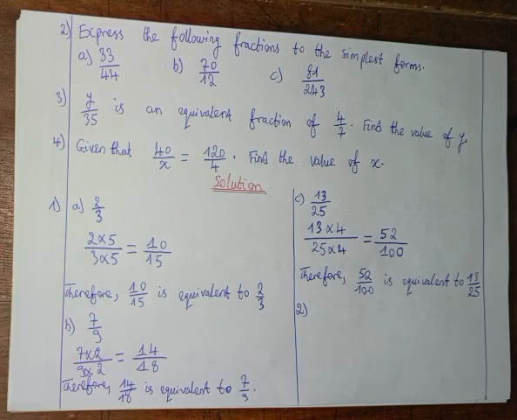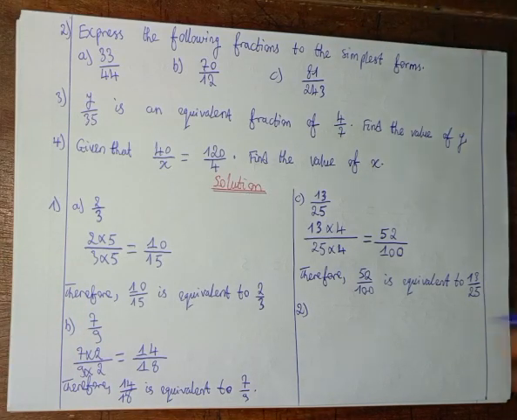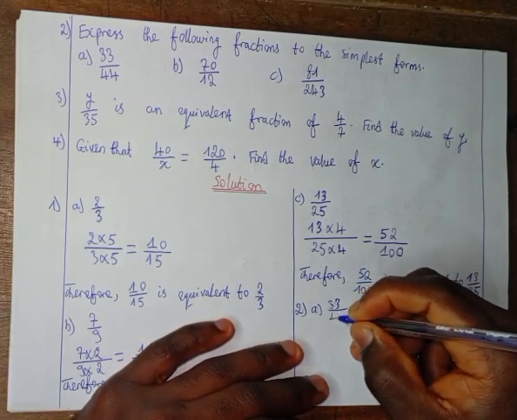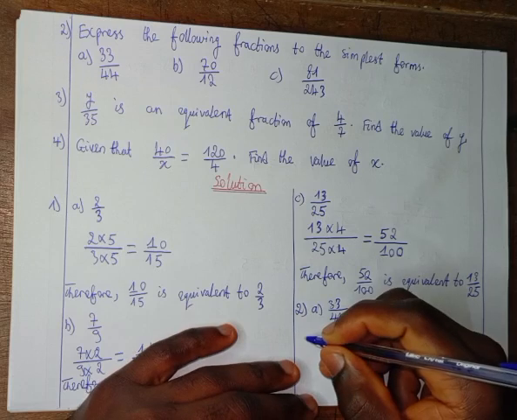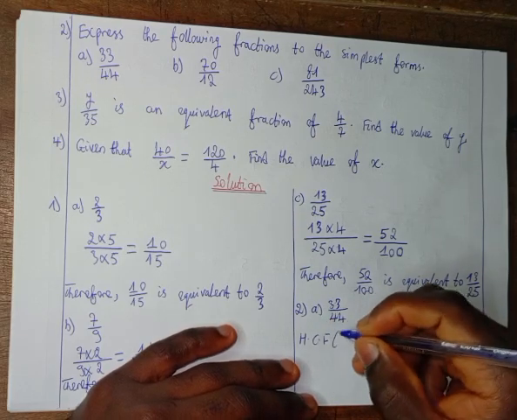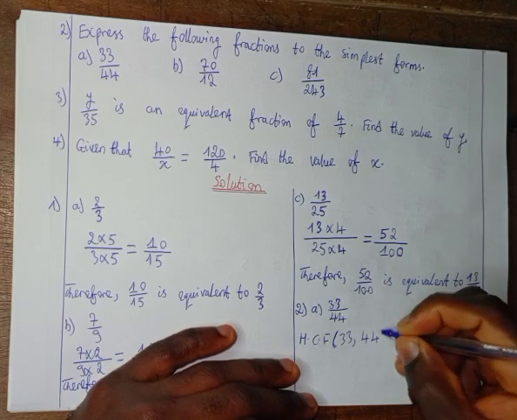Question 2 says express the following fractions in their simplest forms. For A, we have 33 over 44. First, we need to find the HCF of 33 and 44.